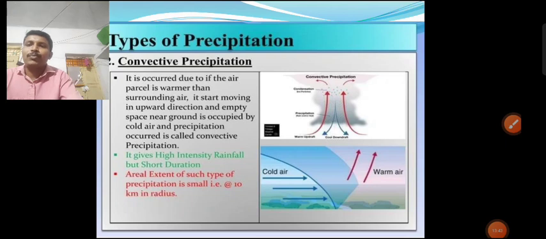Then convective precipitation. It occurs when an air parcel warmer than the surrounding air starts moving upward, and the empty space near the ground is occupied by cold air. The precipitation that occurs is called convective precipitation.